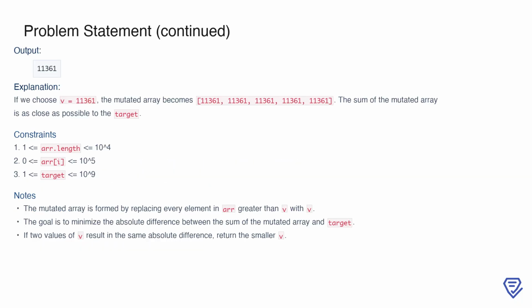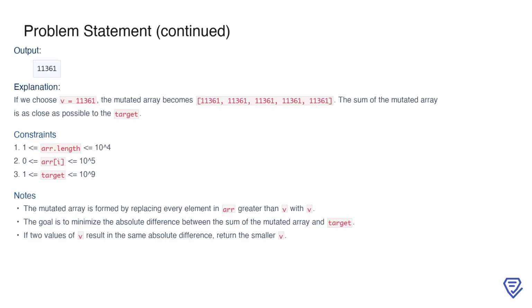Lastly, let's look at a more complex example with a larger array. Suppose the input is 60864, 25176, 27249, 21296, 20204, and the target is 56803. If we choose v equals 11361, all elements greater than 11361 are replaced with 11361, resulting in the mutated array 11361, 11361, 11361, 11361, 11361.